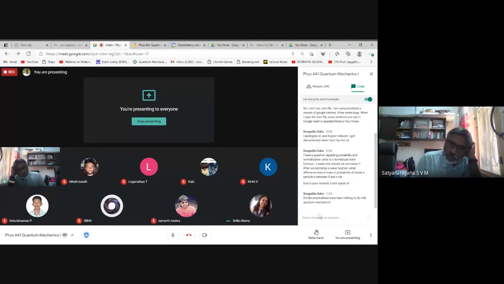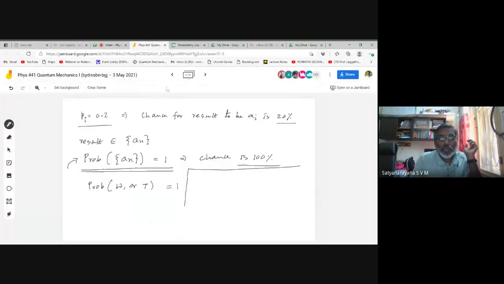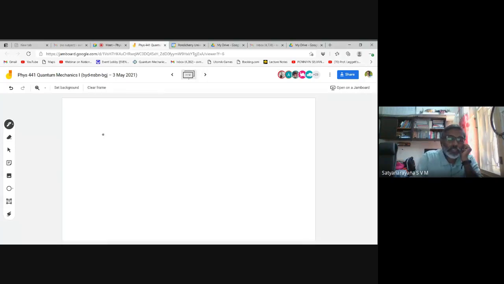This idea is partially correct and partially incorrect because it depends on the observable. Suppose I have an observable A, and I have the eigenstates of this observable, phi n.